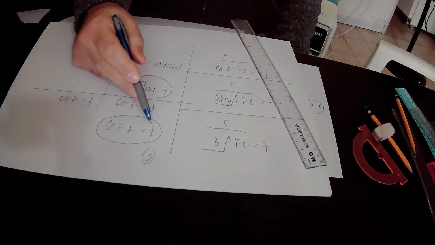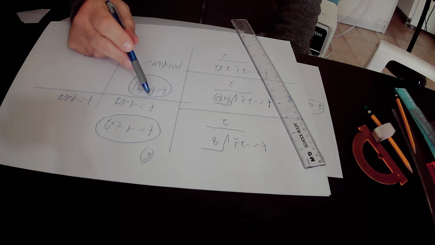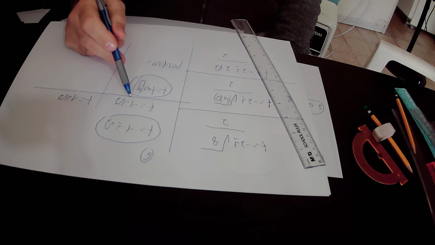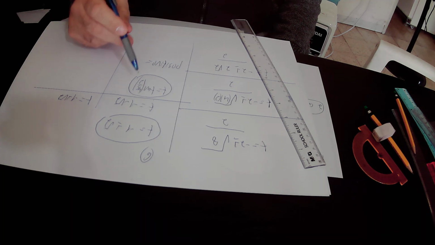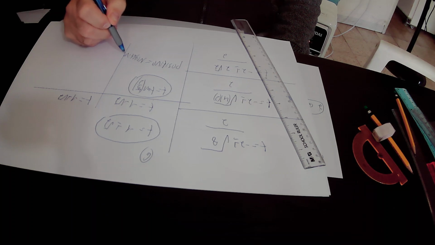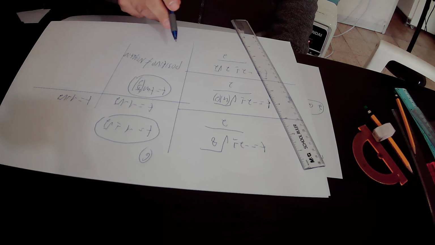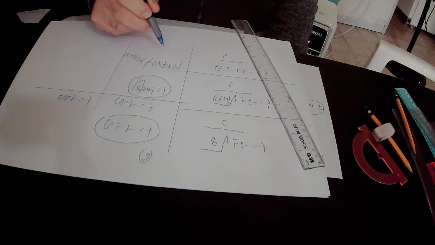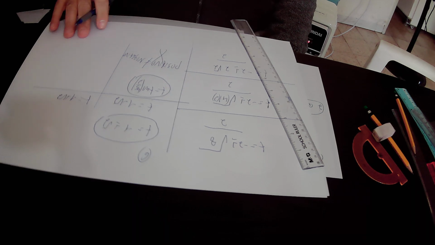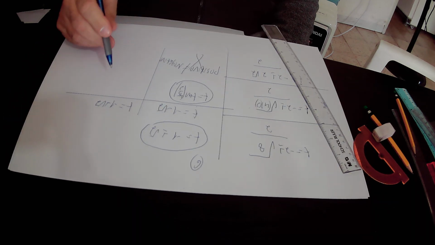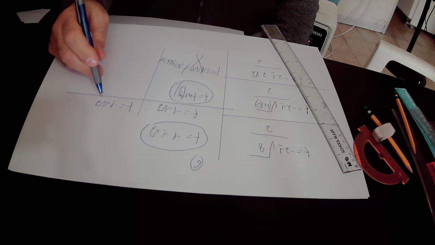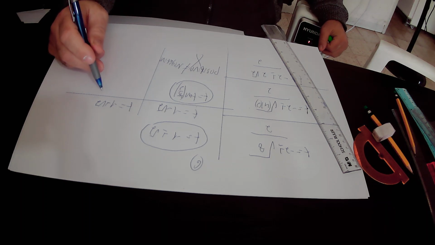Minus 1 minus square root of 2 is a negative number. A positive number can never be equal to a negative number. So this solution is incorrect, and we cancel it, and we are left only with the second possible solution, t equals minus 1 plus square root of 2.